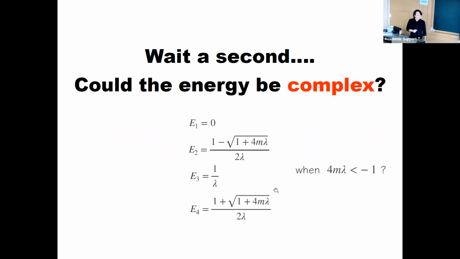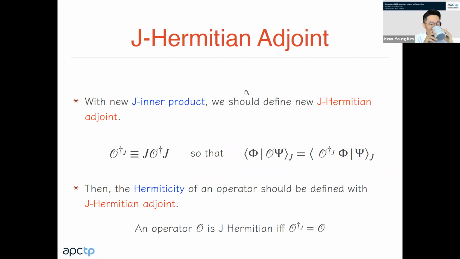However, something is strange. This energy could be complex for this value within the square root. Previously you've seen that the Hamiltonian looks Hermitian. However, this is the key problem. We define the new J inner product.